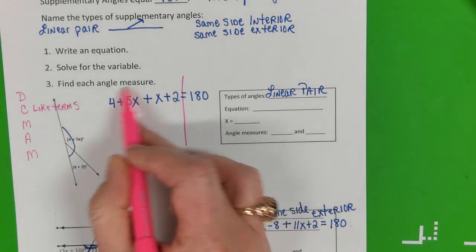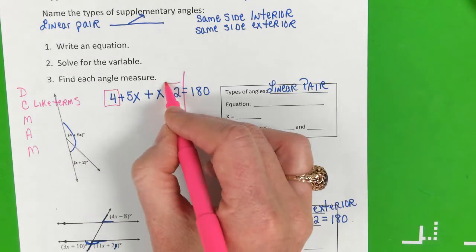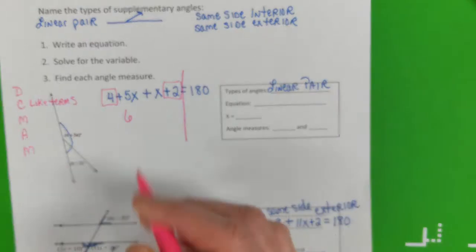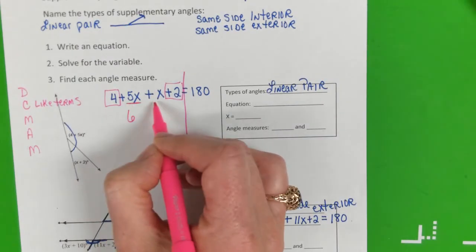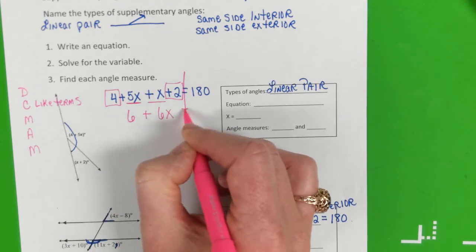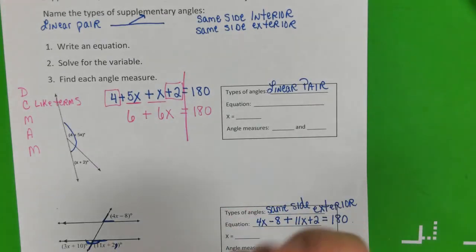So I do have some like terms over here on the left. I can put together 4 and 2. 4 plus 2 is 6. I can put together 5x plus x, which is 6x. So that's the first thing we need to do, combine like terms. I don't have variables on both sides, so we don't need to worry about that.